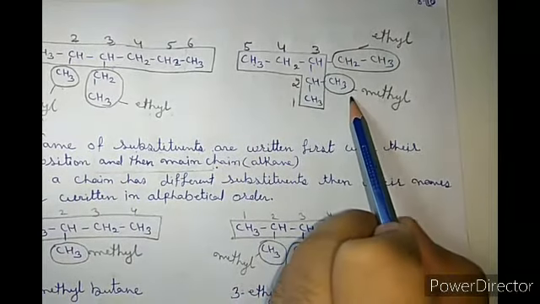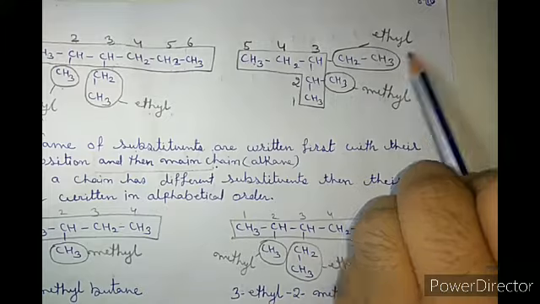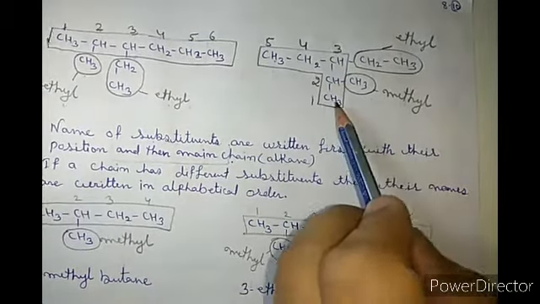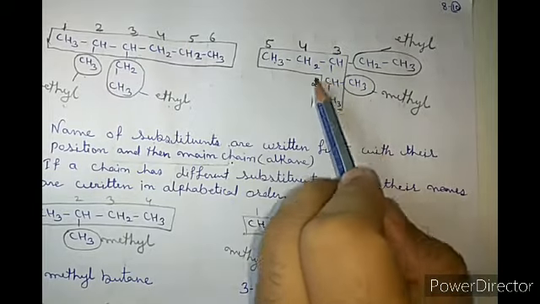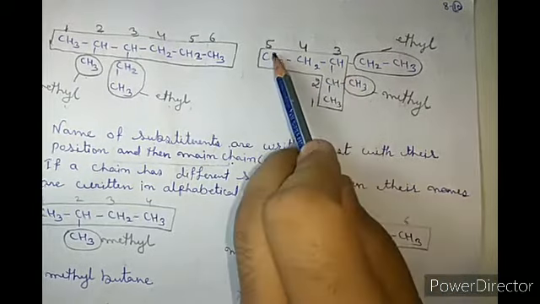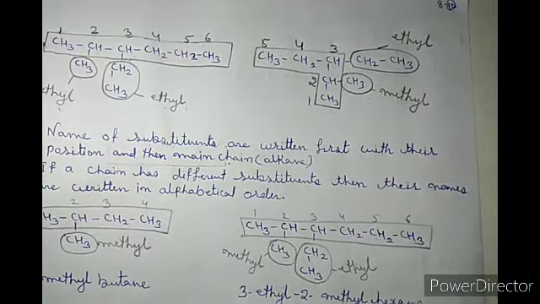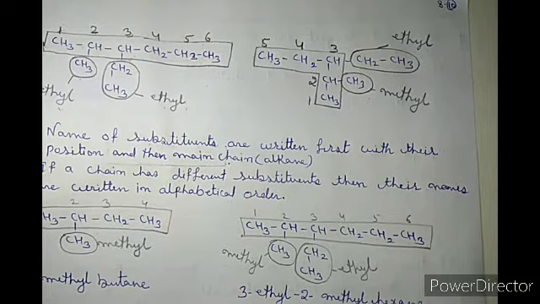Got it? Now this example. Here again methyl and ethyl. If we start the numbering from here, then 1, 2, 3. If we start numbering from here, then 1, 2, 3. If it is getting the same number from both sides, then we select that side from which the other substituent will also get minimum number.